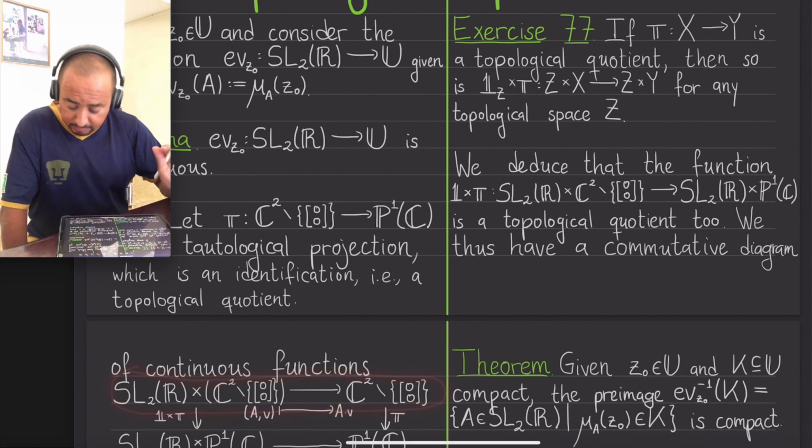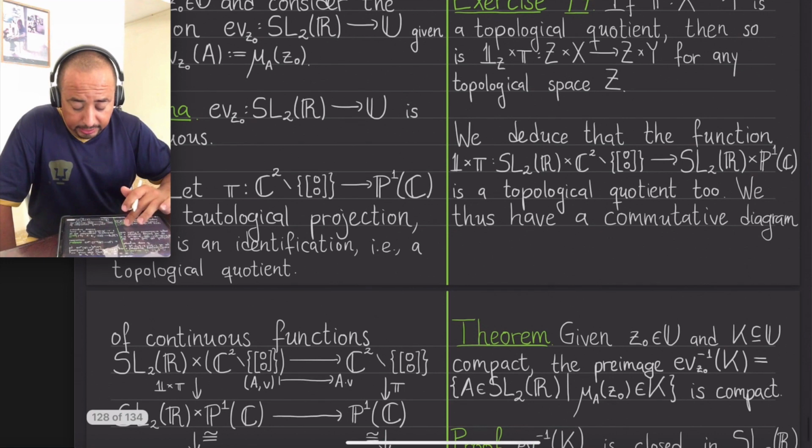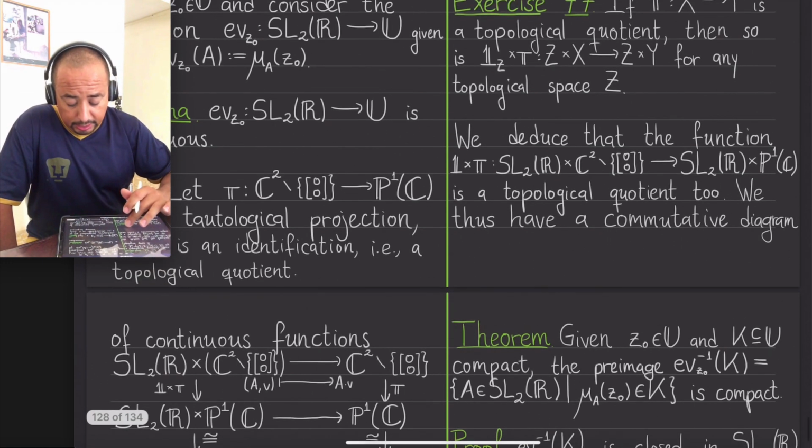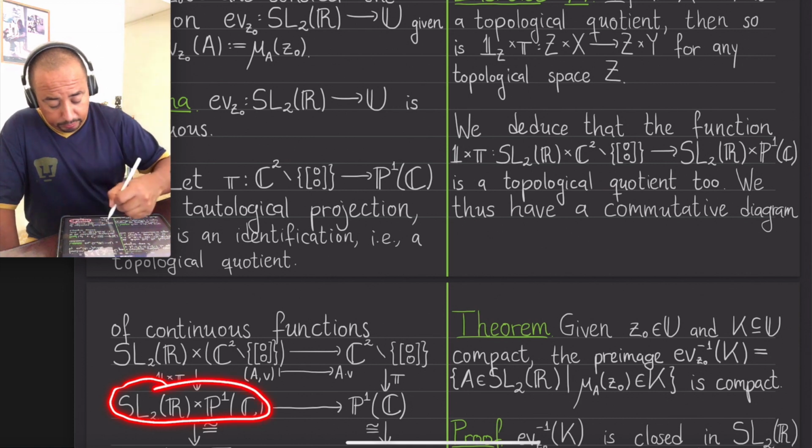That one is continuous, no problem. But the point is that it induces a function from this product to P1C.